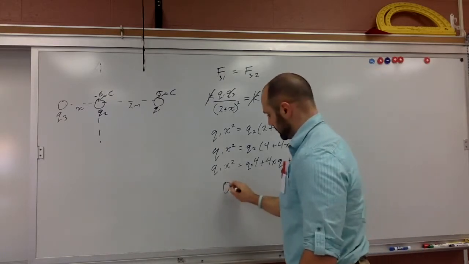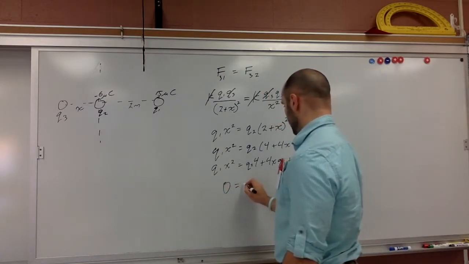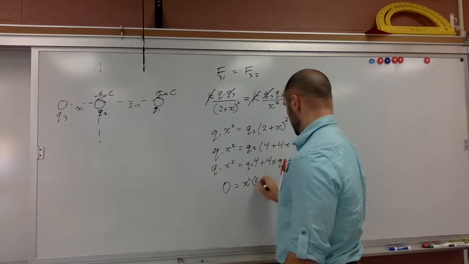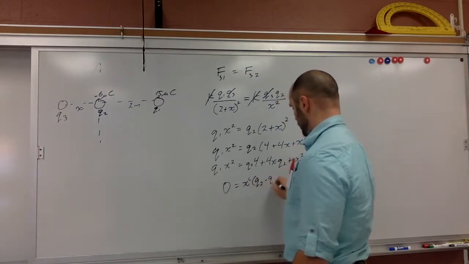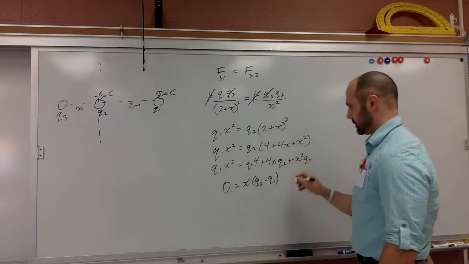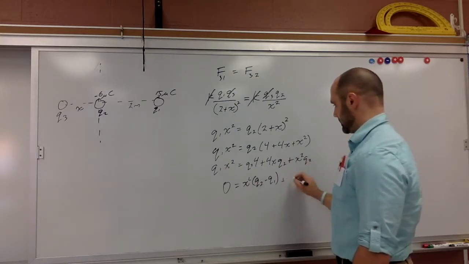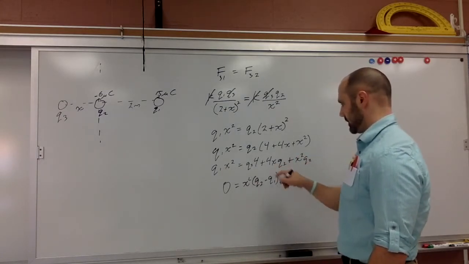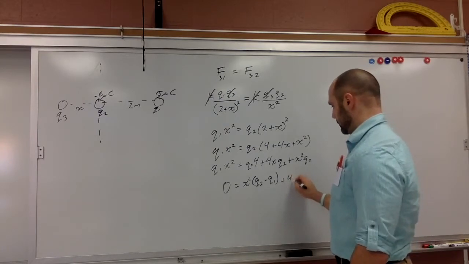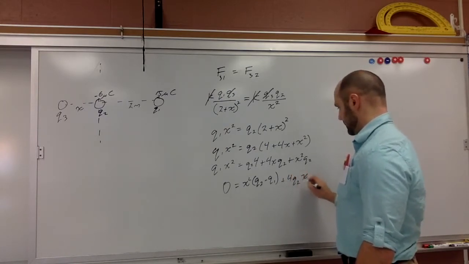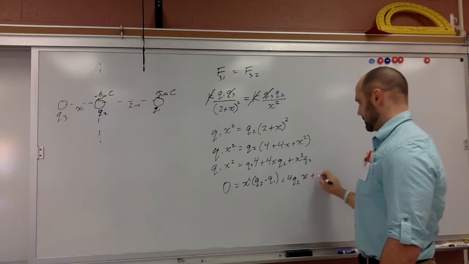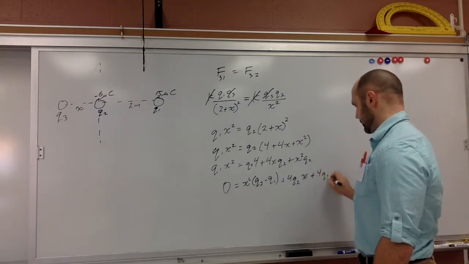Now I set the whole thing equal to 0. 0 equals x squared times (Q2 minus Q1), because I brought that from the other side, plus, this one has x in it, right? So 4Q2 times x plus 4Q2.